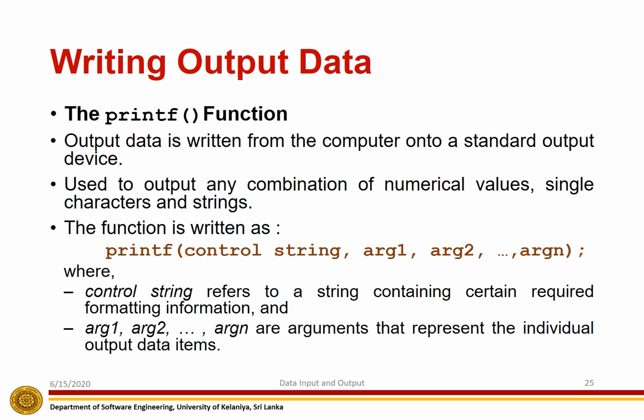In general terms, the printf function can be written as printf, and inside the parentheses, the control string and the arguments, where the control string refers to a string containing certain required formatting information, and arg1, arg2 to argn are arguments that represent the individual output data items.